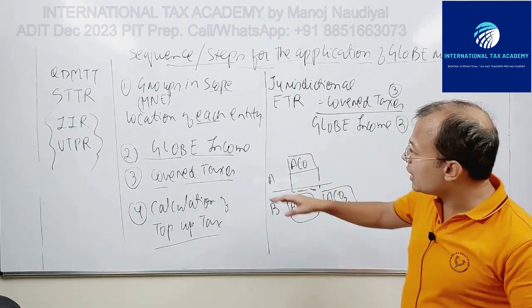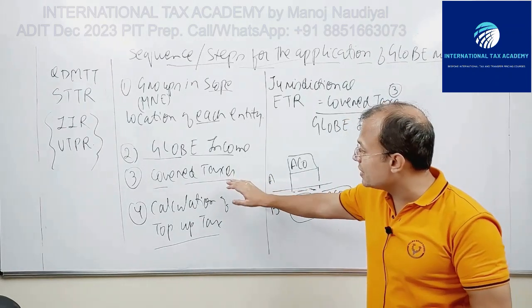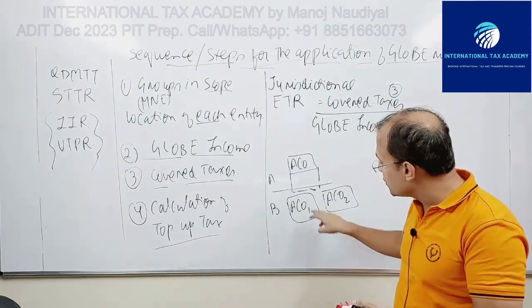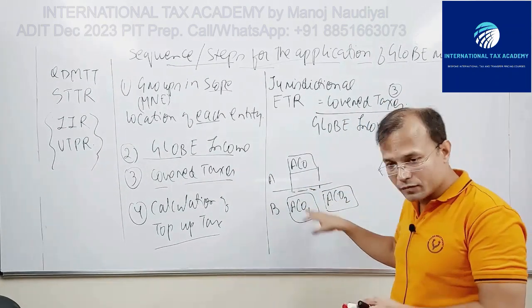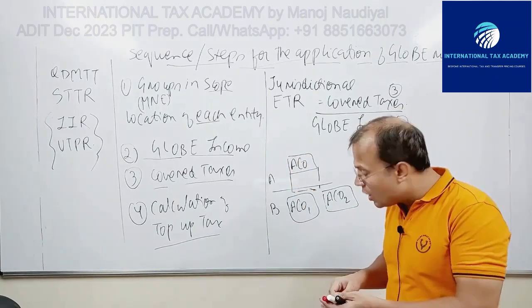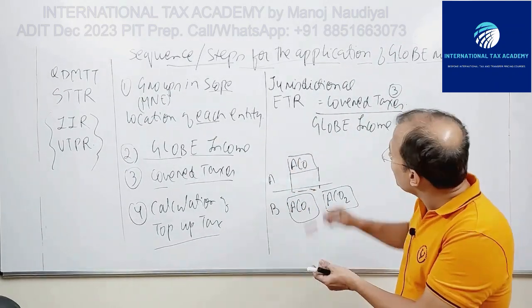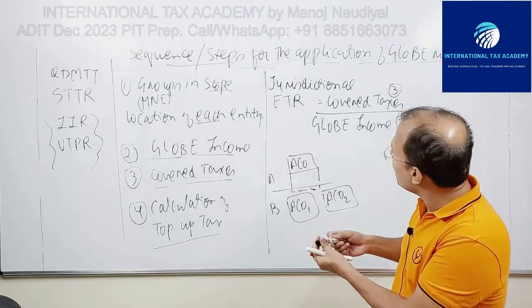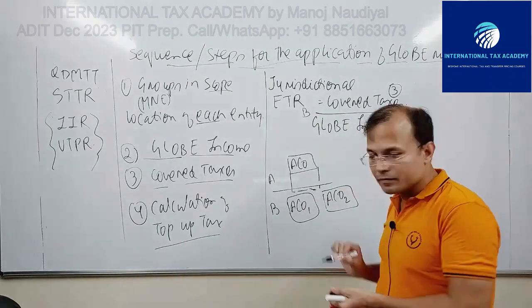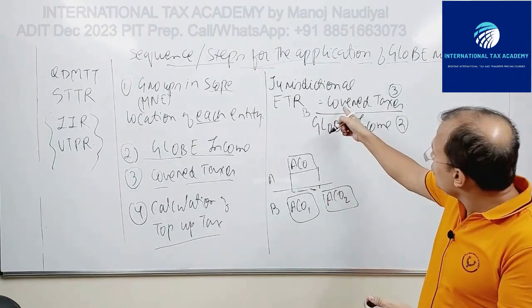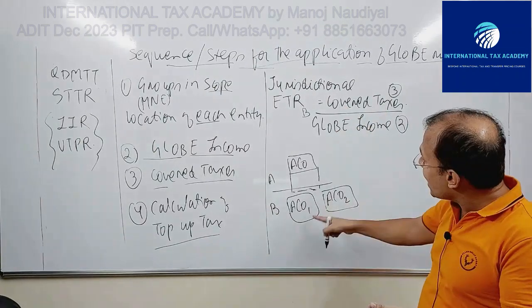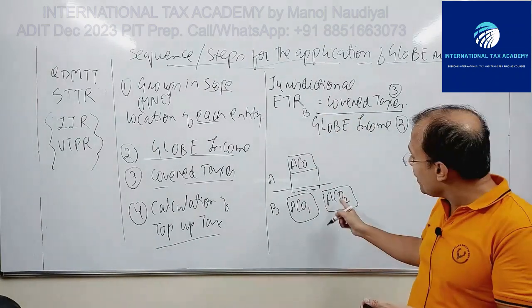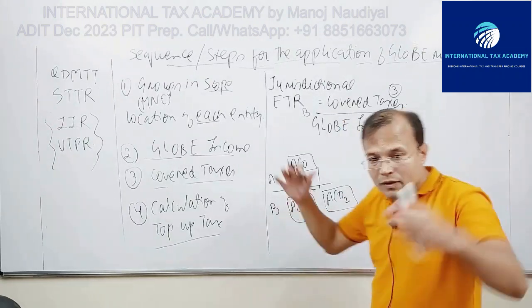So when we are talking about the GLoBE income and covered taxes, we have calculated. Suppose you have ACO 1, ACO 2, forget about PE. So you have calculated, and you are talking about ETR, for example, ETR of country B. So in the numerator, covered taxes, the taxes paid by ACO 1 plus the taxes paid by ACO 2 will be added.